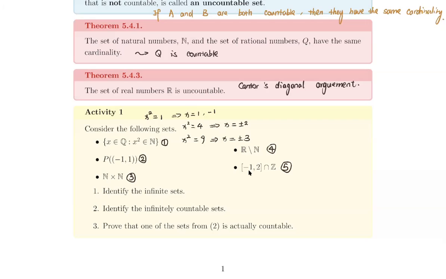Because you see, we have plus minus 1, plus minus 2, plus minus 3. But that's not all the integers, right? Yes, all integers except 0. So is this infinite or not?